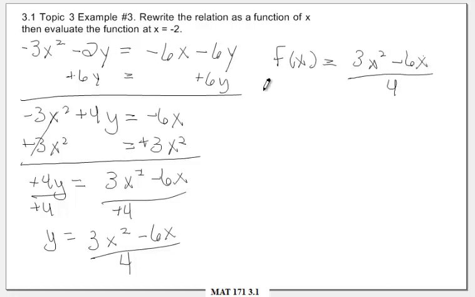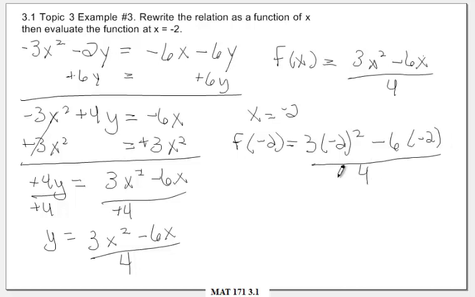Now we're going to substitute in x is equal to negative 2. So f of negative 2 is equal to 3 times negative 2 squared minus 6 times negative 2 all divided by 4. So f of negative 2 simplifies to 3 times, negative 2 squared is a positive 4, minus 6 times negative 2 gives us plus 12, divided by 4.